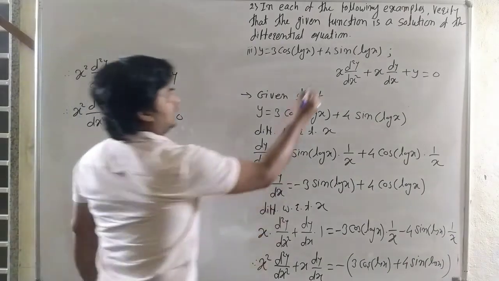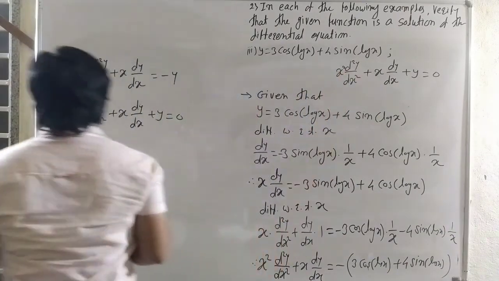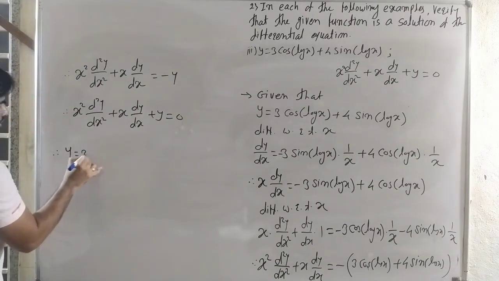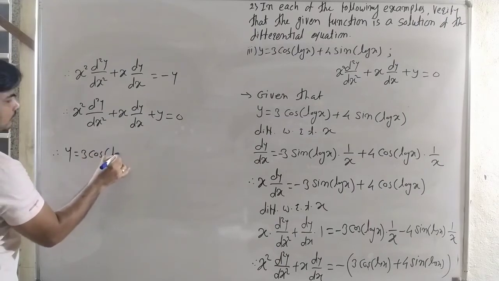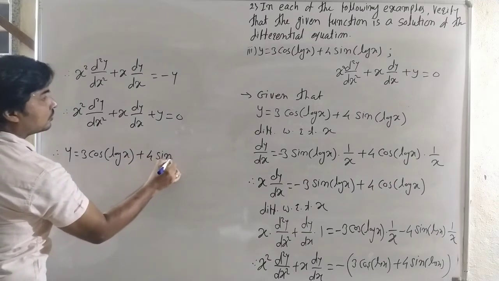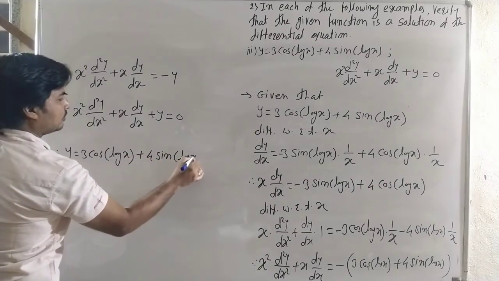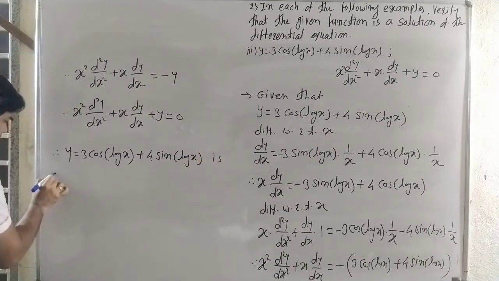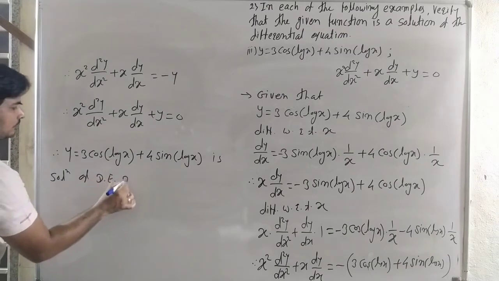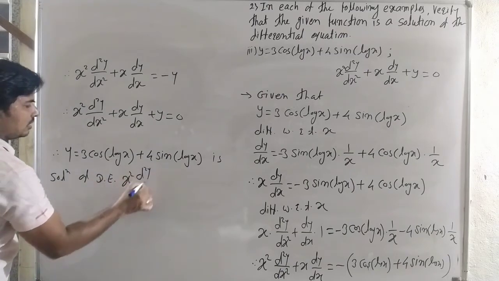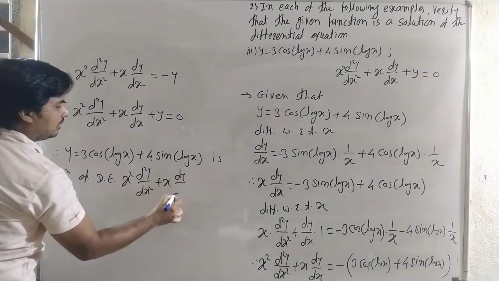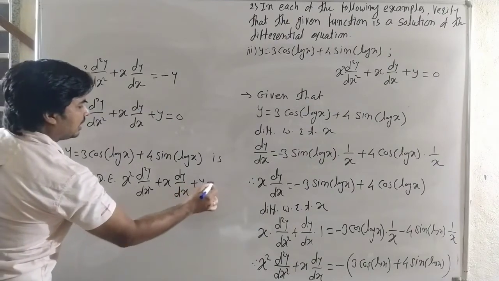Now here it is a square, and therefore y is equal to 3 cos of log x plus 4 sin of log x is a solution of the differential equation x square d2y by dx2 plus x dy by dx plus y is equal to 0.